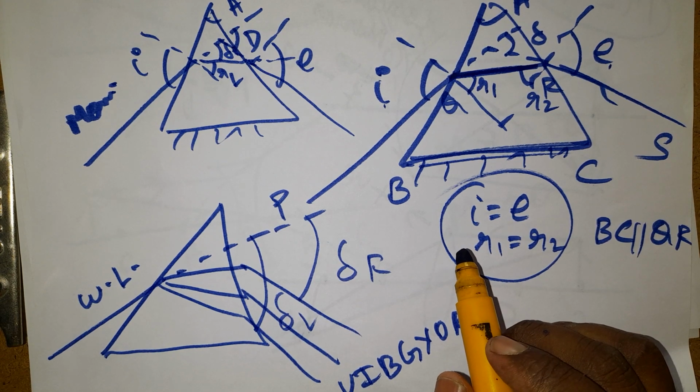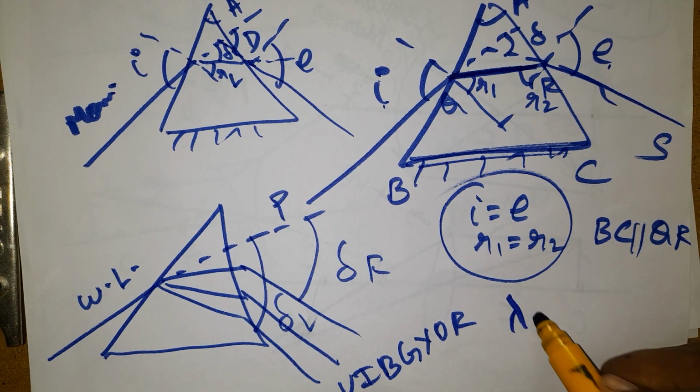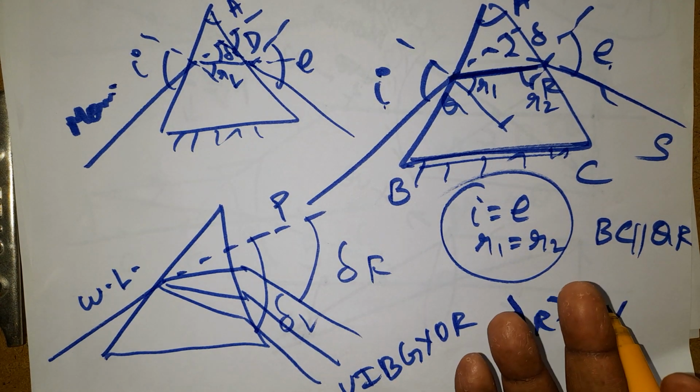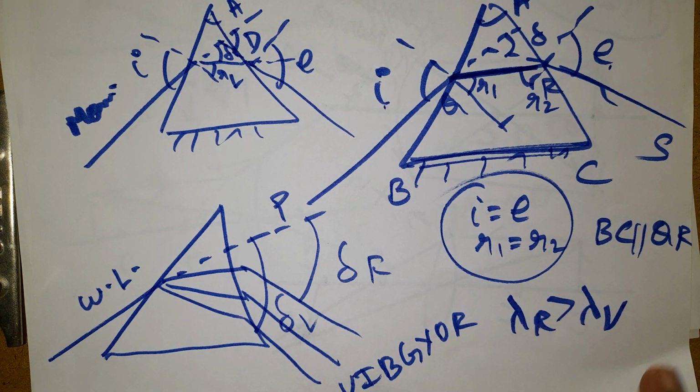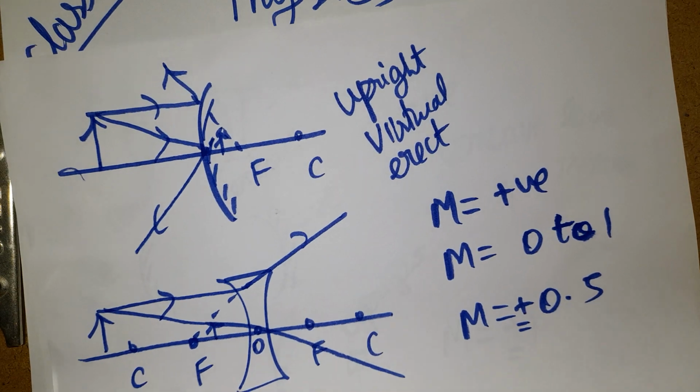Because violet travels slower in the glass, red travels faster in the glass, and also the wavelength of red is greater than the wavelength of violet. That is the reason red deviates least. It's a very important question. Okay, next. I am discussing only the most important conditions. This is a revision class.